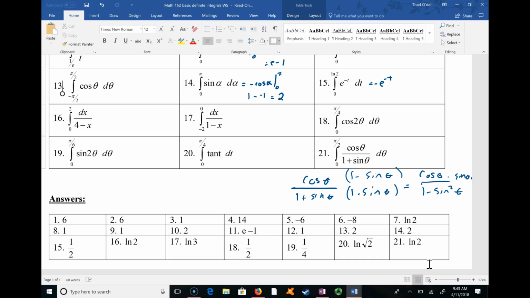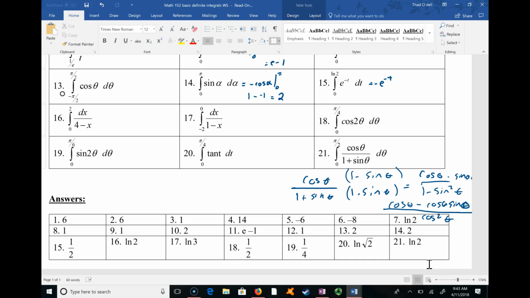The whole purpose is to turn that bottom into cosine squared, right? Because 1 minus sine squared is cosine squared. So then you really have cosine theta minus cosine theta sine theta, all over cosine squared theta. And then you could possibly do some canceling there.